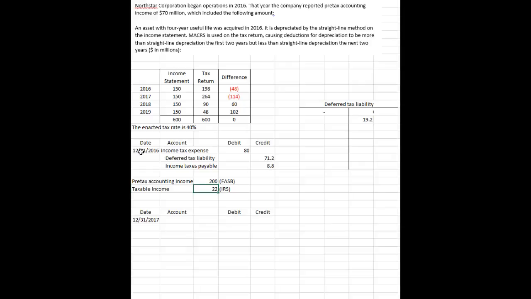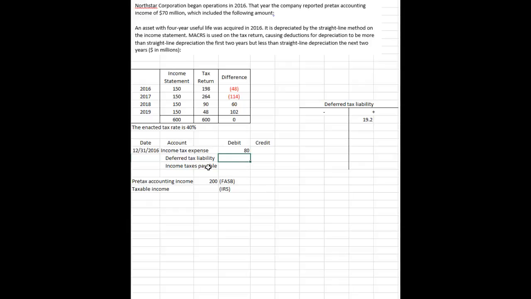Let me get rid of these so we're not confused. So the income tax expense is 200 million times the 40% tax rate, so $80 million is what we would record on our income statement in 2017 for income tax expense.